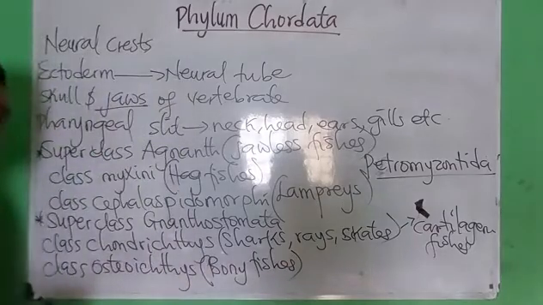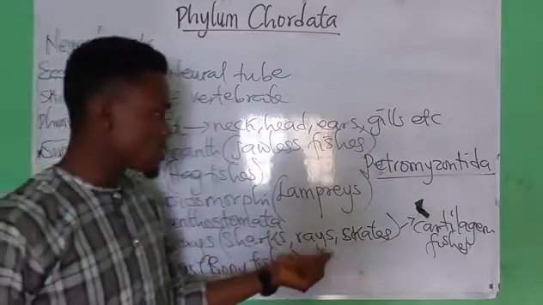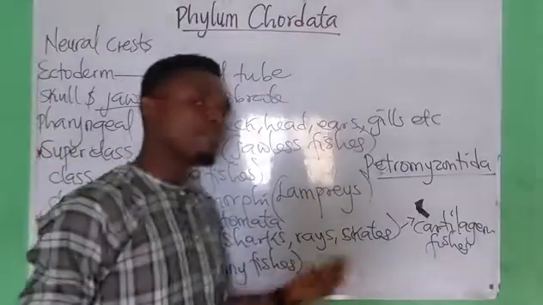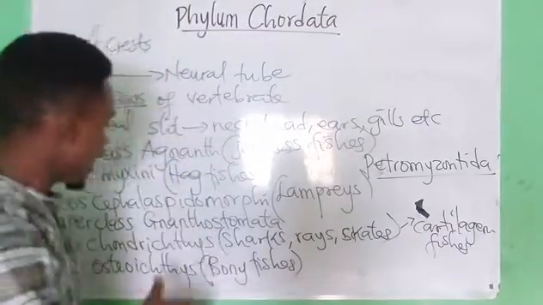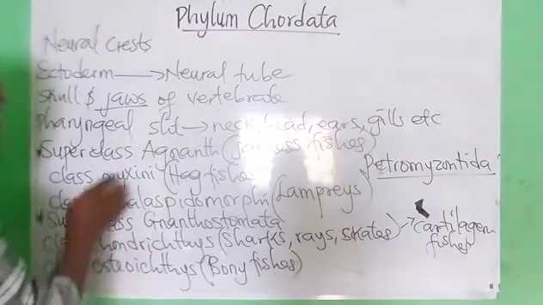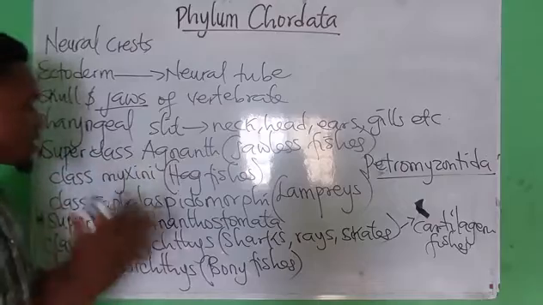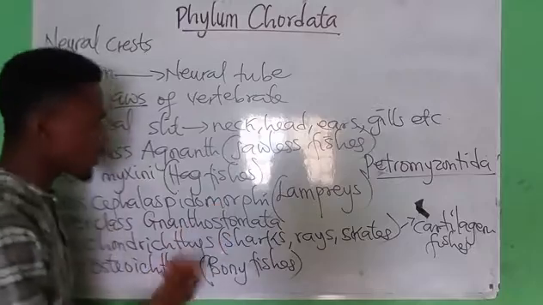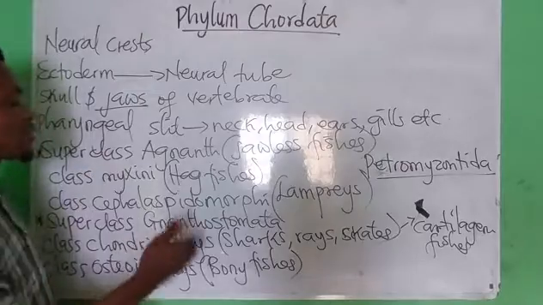Now, based on skull, you have class Chondrichthyes, the sharks, rays, and skates. They are all cartilaginous, but these ones are bony fishes, which means that their skull is made up of bone. And these ones have jaws, but Agnatha do not have jaws. Organisms that possess jaws are called gnathostomes, and they belong to superclass Gnathostomata.